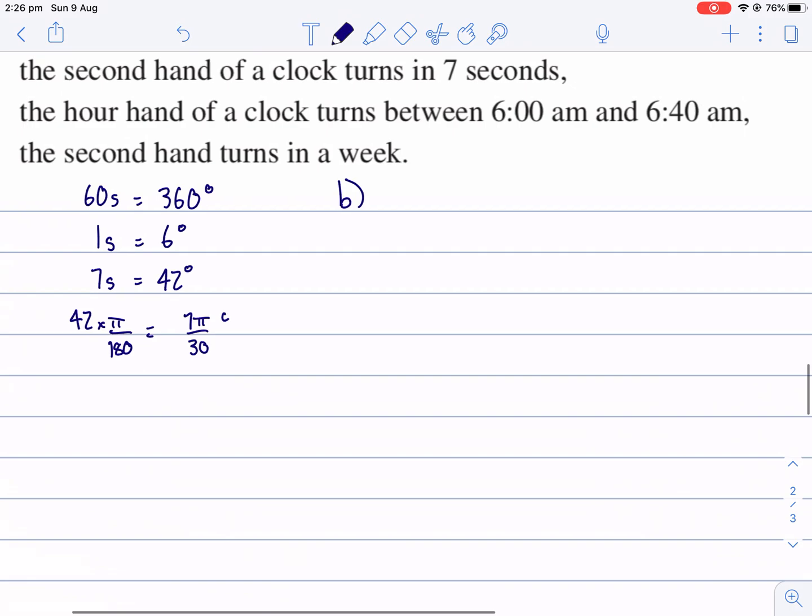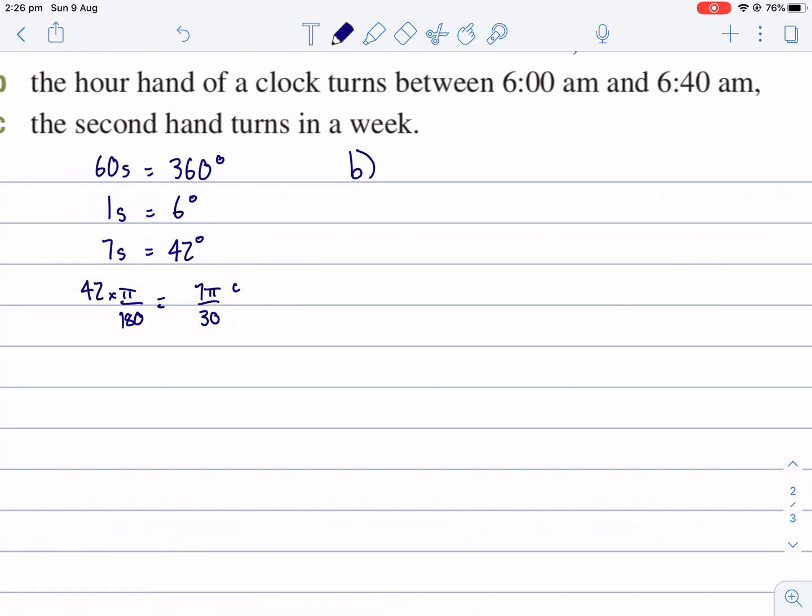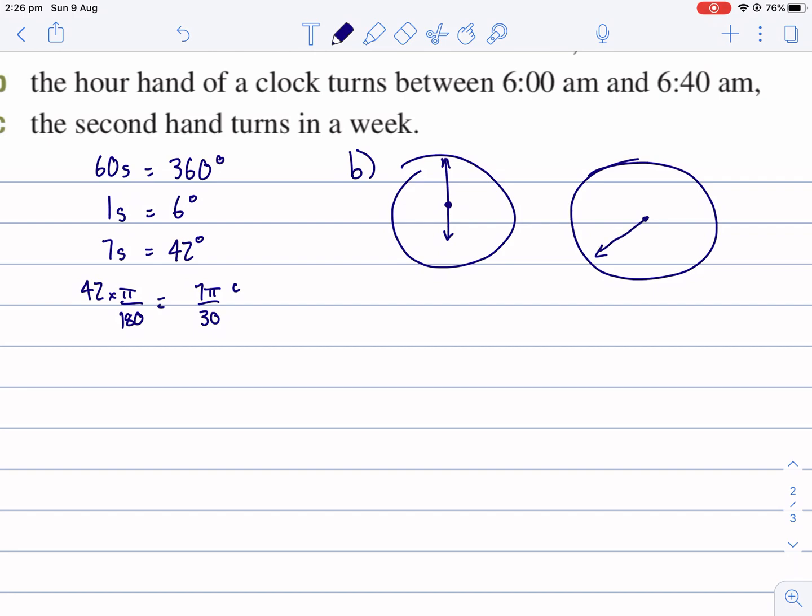Question B, the hour hand of a clock between 6 and 6:40. So it's moved 2/3 of the way between the hours. So we started off at 6 a.m., we looked like that. But at 6:40 a.m., now, instead of pointing straight downwards, we've moved 2/3 of the way towards 7.